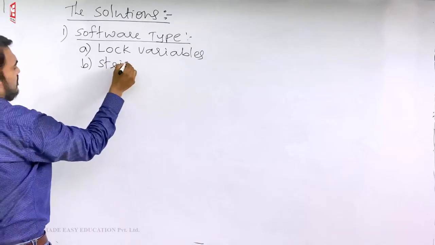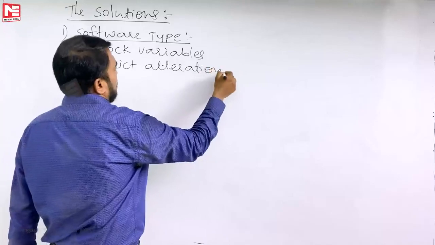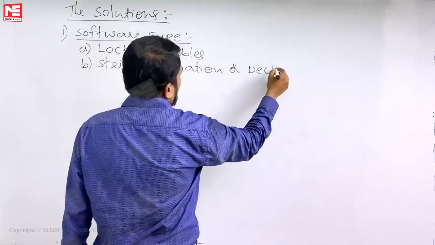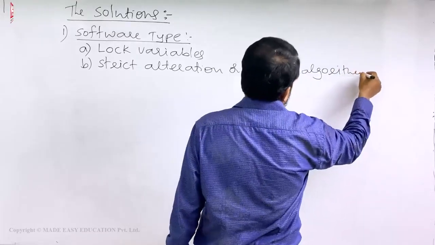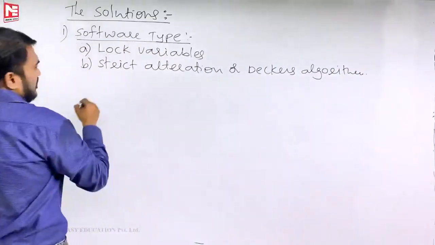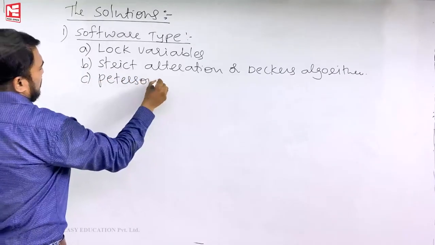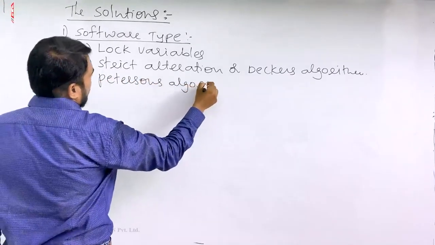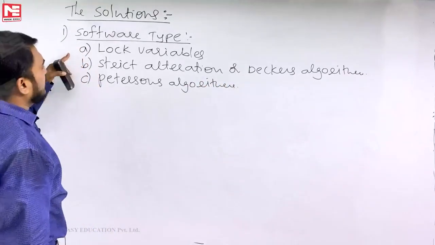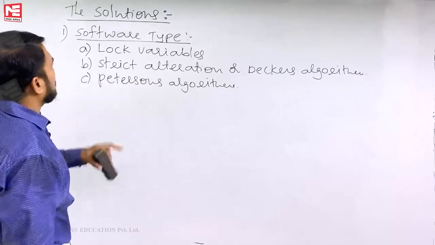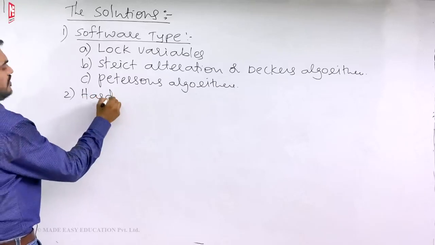Next, strict alternation or Dekker's algorithm. And next, Peterson's algorithm. So first, lock variable, strict alternation or Dekker's algorithm, next Peterson's algorithm.